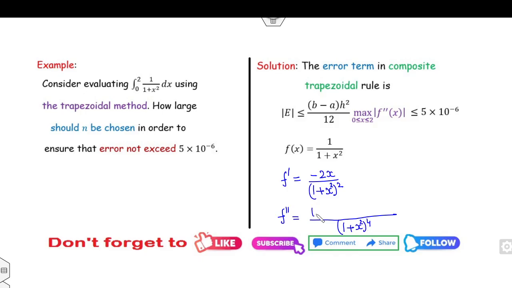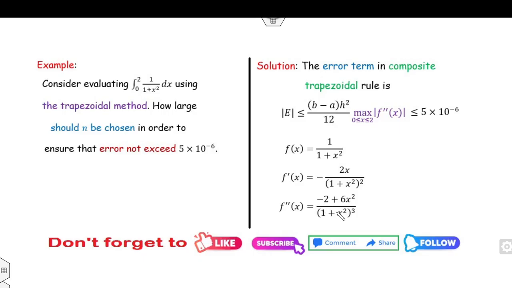So what is the division rule? 1 plus x square into the derivative of the numerator minus the numerator into the derivative of the denominator. So twice 1 plus x square into 2x. Now if you take the calculation, you can take 1 plus x square common, it will be cancelled out, and the rest of them you calculate, you will get the expression as this part.